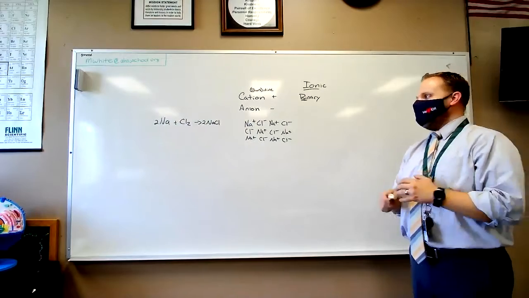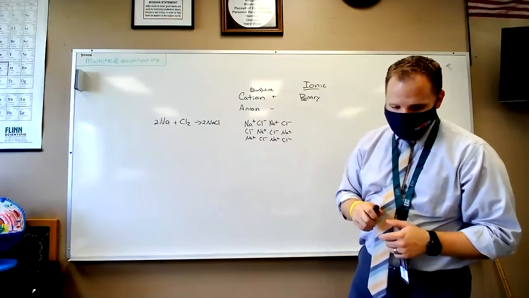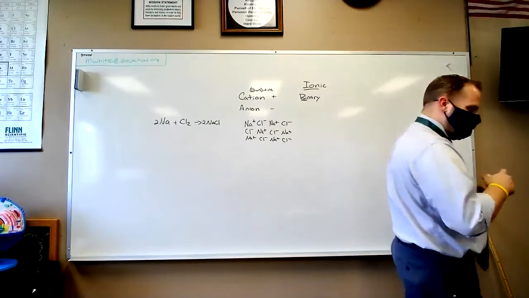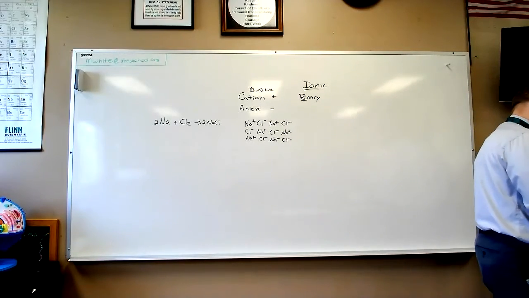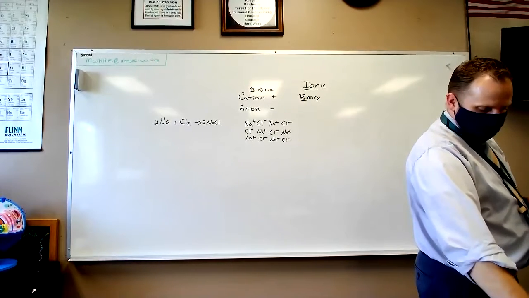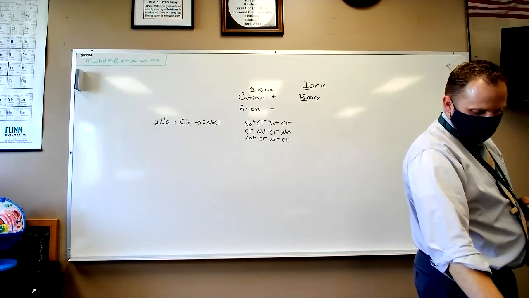Just understand we get this repeating pattern, and it can be different shapes based off of what we have in there. If you look at page 214, you can see some ionic compounds and the shapes of the crystals that they create.